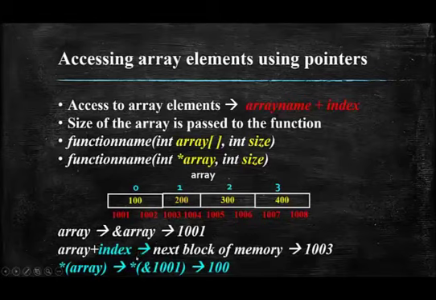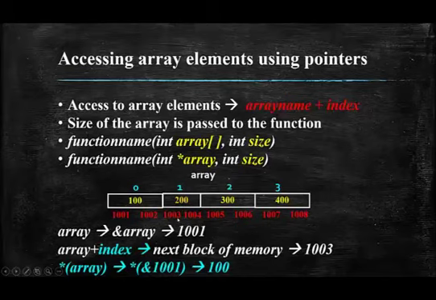So at the address 1001 we have the value 100, and that is retrieved. When we use a for loop and update the index value to 1, I'm moving to the next block of memory. So the array will have the value of the next block of memory, that is 1003. When you apply the unary operator on 1003, you can retrieve the next element.